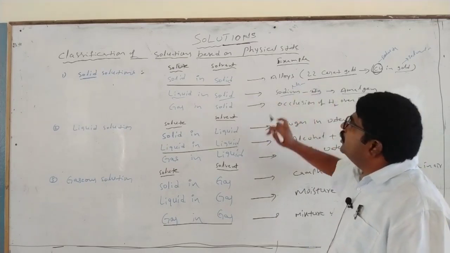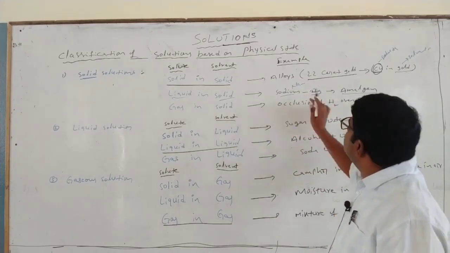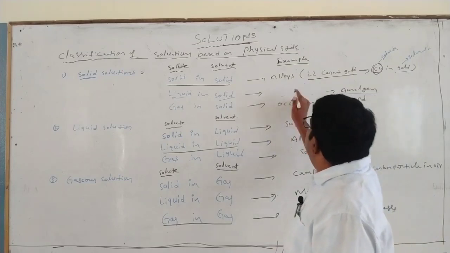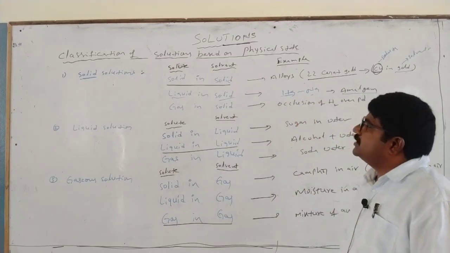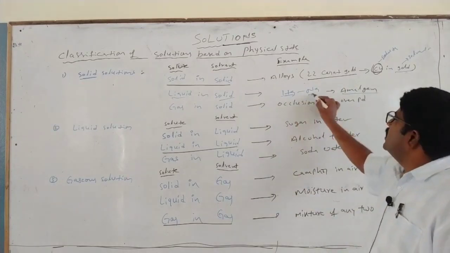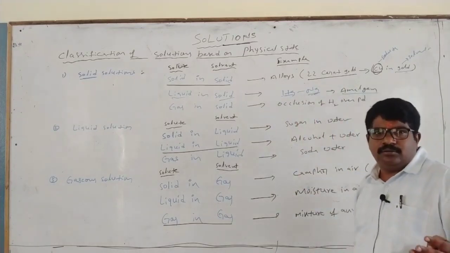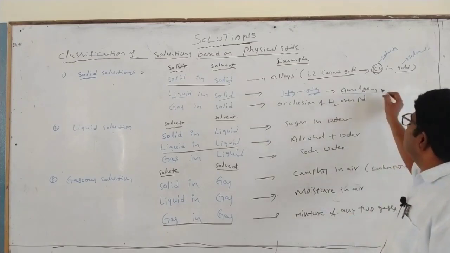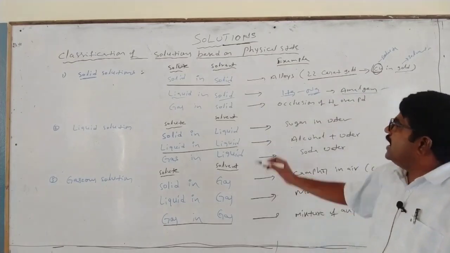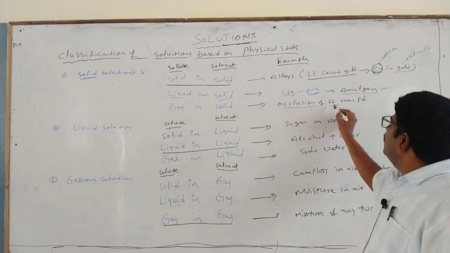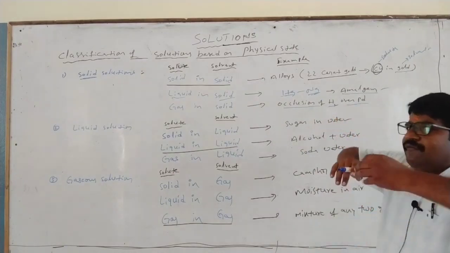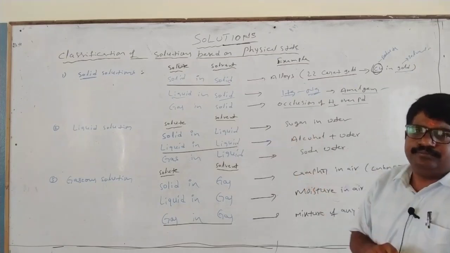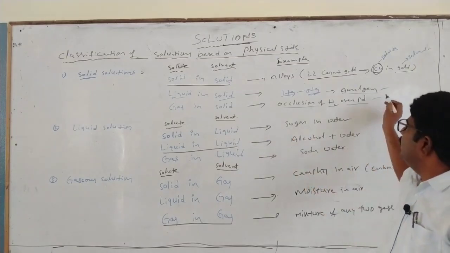Hg is mercury, which is in liquid state, and sodium is a metal, solid in state. That is called amalgam. Gas in solid: adsorption of H2 on palladium, which means covering of H2 with palladium.